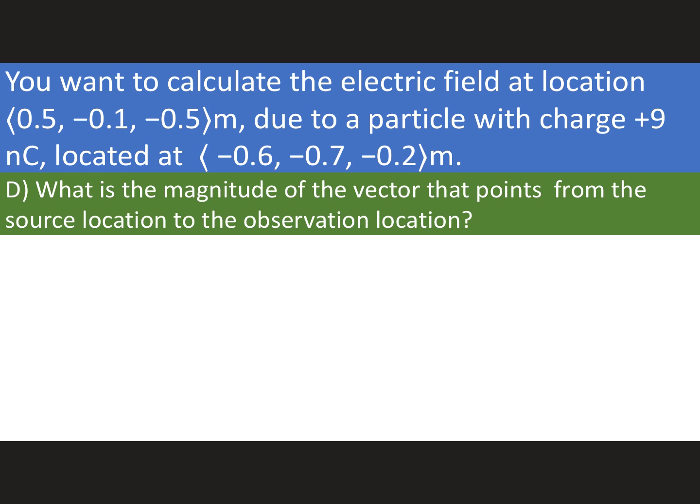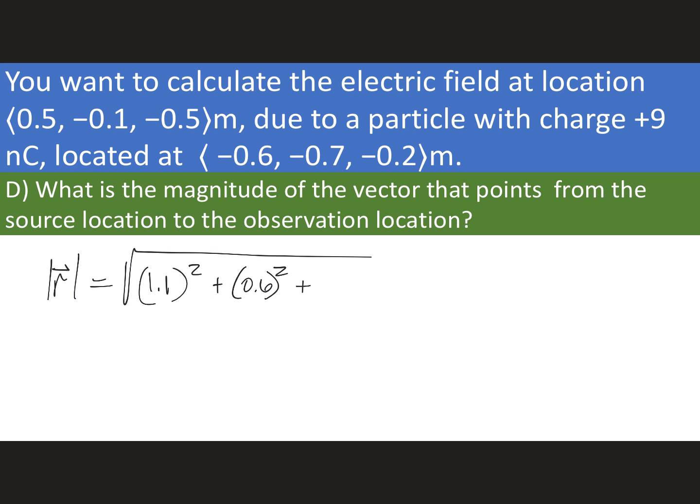and then we're going to, what's the magnitude of R? Well, technically, you'd write it this way. So we had a 1.1 for that x component, we had 0.6 for that one for y, and we had a negative 0.3 squared for that one, and so you get 1.29 out of that. Again, nothing special.